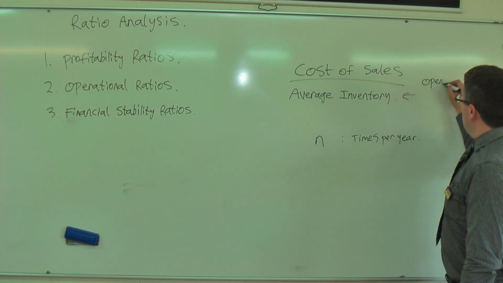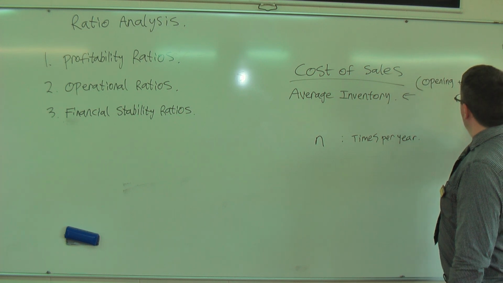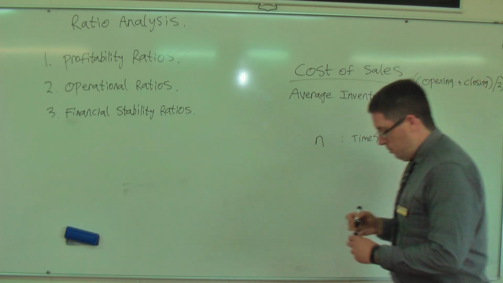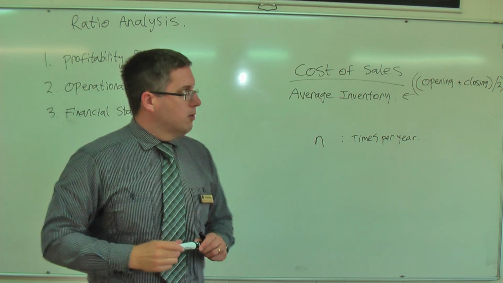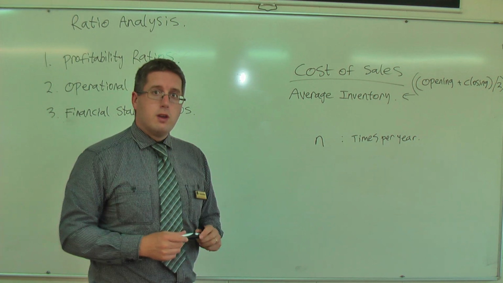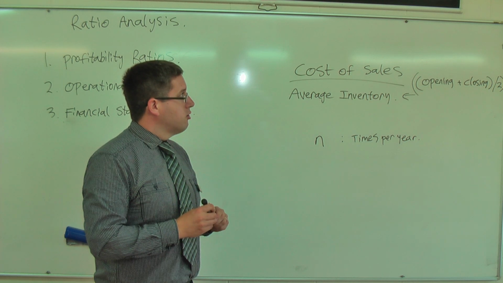Now, average inventory, if you're not sure how to calculate that, well, easy. We have our opening inventory plus closing inventory divided by 2. So you add that together and then divide it by 2.